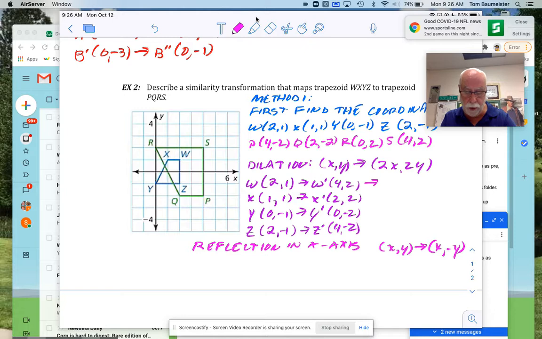All right, so then again, let's see if this is true. So then we have our p. Our W prime is at 4 and 2. So our p would be the x stays the same and the y changes, which is true on that one. And what you should see is that all of these are going to be the same.